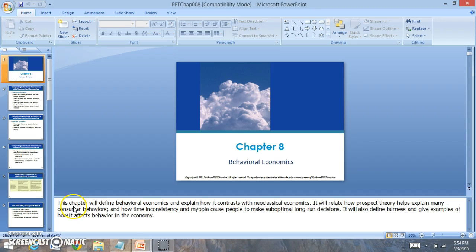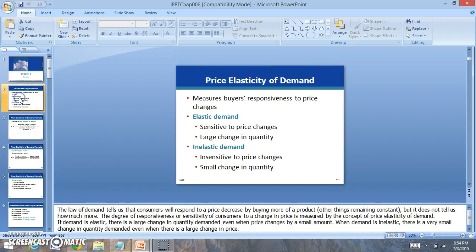Now for this week, we're going to be looking at the role of elasticity. So I'm going to do some various topics. Elastic goods are very sensitive to price changes, whereas inelastic goods are very insensitive to price changes. Good examples of elastic goods are goods that consumers don't necessarily need, like a luxury item.